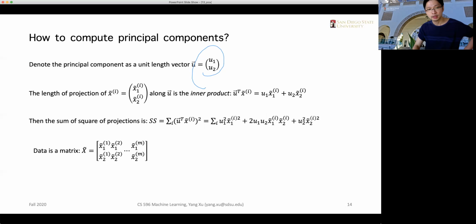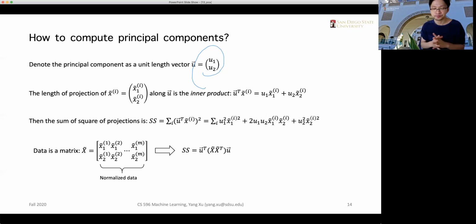This can be further expressed in matrix form. Given the 2 by n x tilde matrix, we multiply it with x tilde transpose, which is n by 2.